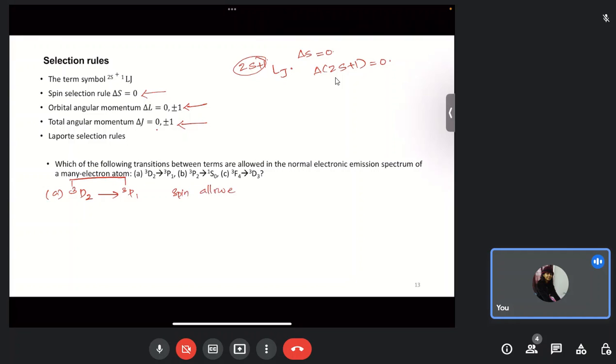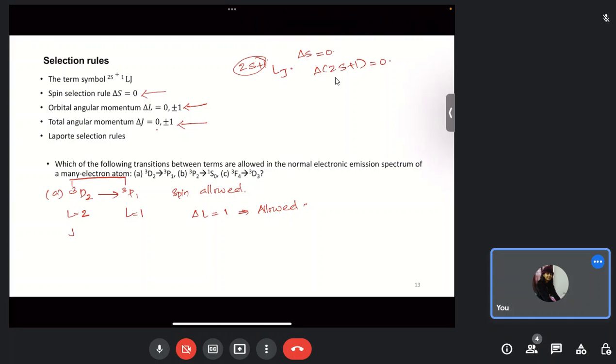And let's have a look at the L values. The L value here is 2, here the L value is 1, so the delta L is going to be 1. When we consider the orbital angular momentum of the system, the transition is again allowed. Now let's look at the J values.